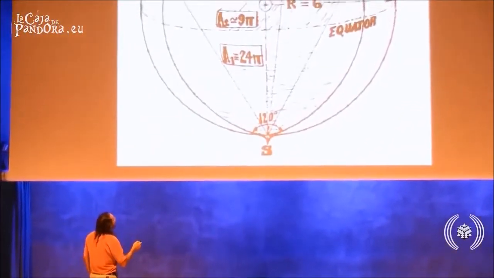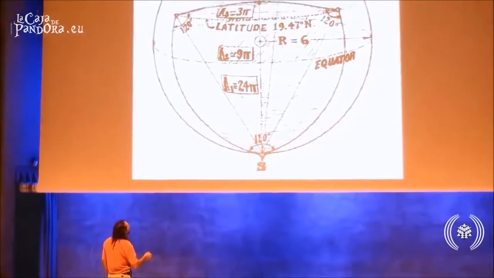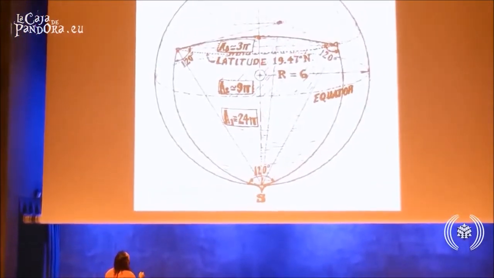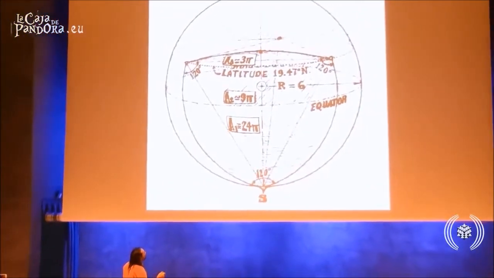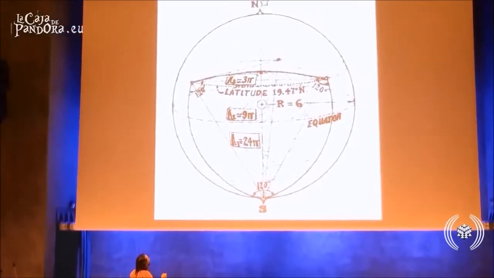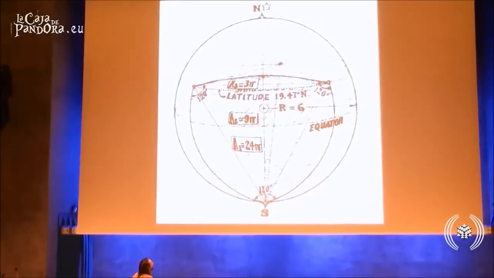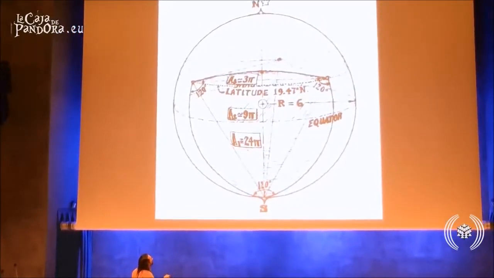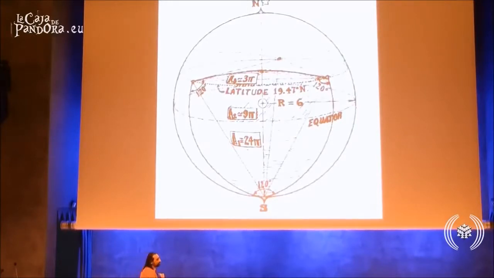And the tetrahedron, if you put one point on the South Pole, for instance, will intersect the sphere on the northern hemisphere at 19.47 latitude. And it has a very specific, very interesting relationship to the sphere.